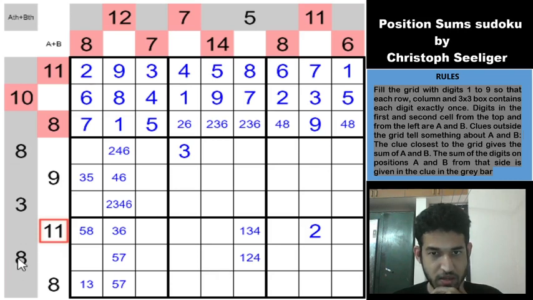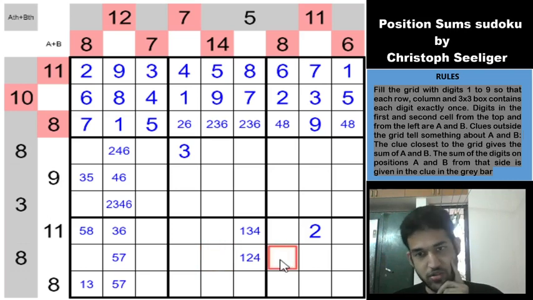So this cell is the sum of the digit on this position and the 5th or the 7th position, right? Okay, doesn't seem to help us for now.